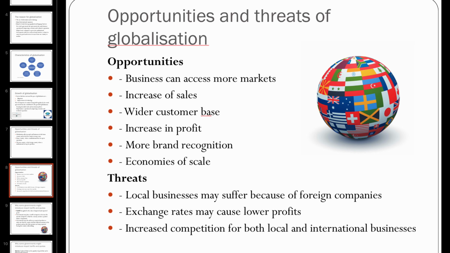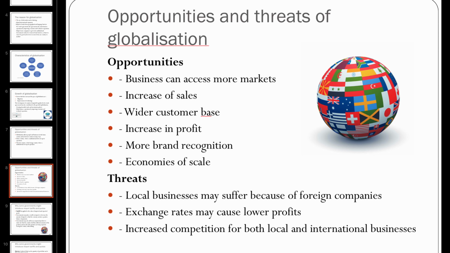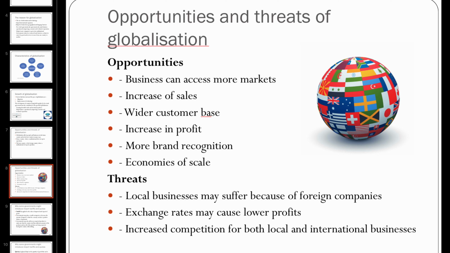Local businesses may suffer because of foreign companies, as a foreign company starts to sell their products at a cheaper price. Then exchange rate fluctuation may cause lowering of profits. Next, competition will increase for both local and international businesses.